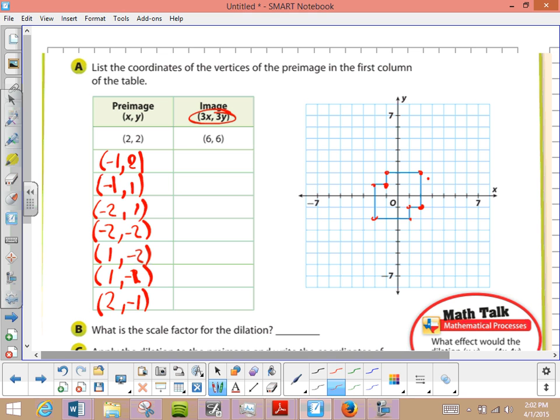A simpler way of doing this is to multiply each and every one of those values by the scale factor, and that gives you the image. That's a very simple way, right? I will give you a couple of seconds.